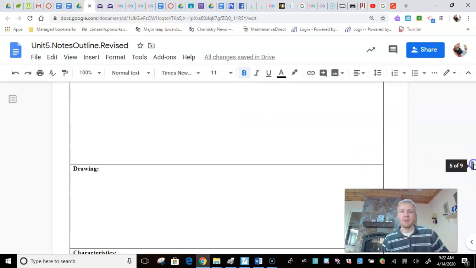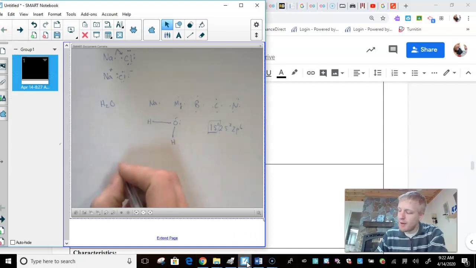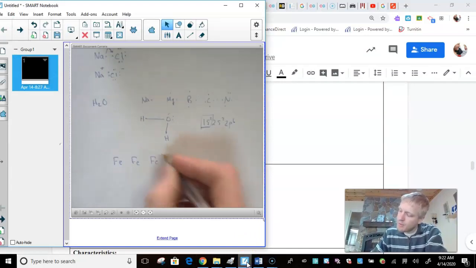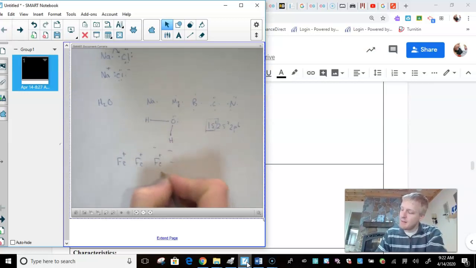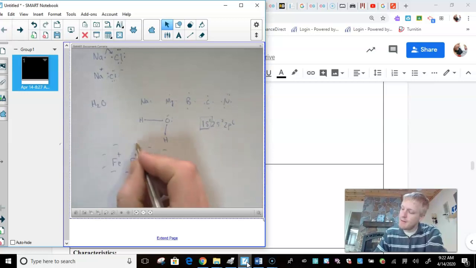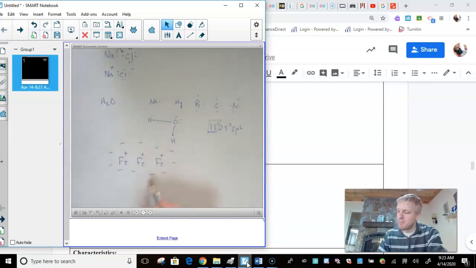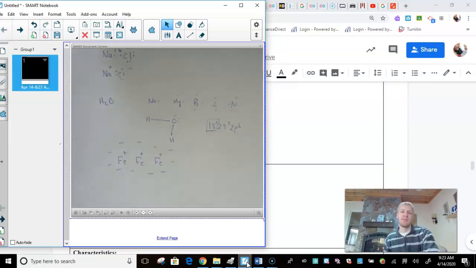We'll draw a picture before we add more details, but let's say we're talking about iron. Iron's a common metal. We've got positive nuclei, and we've got a sea of negative electrons that are free-floating. This is how you draw a metallic bond, a little bit different than Lewis dot structures.